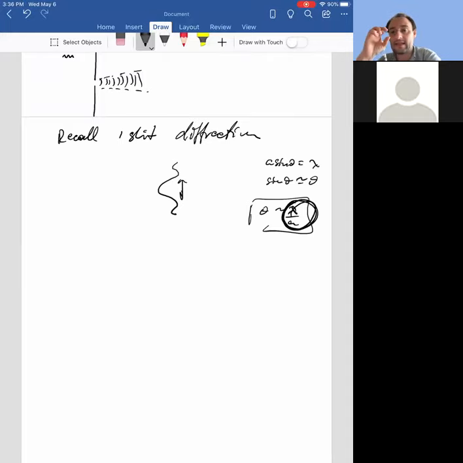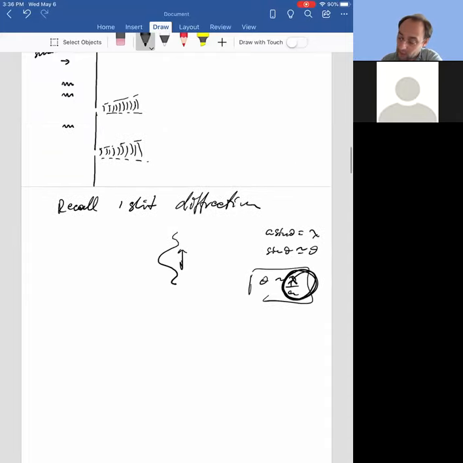If you keep the slit width the same and you make lambda smaller and smaller, the angle of the spread becomes smaller and smaller.